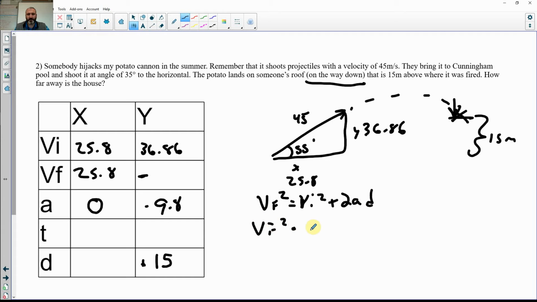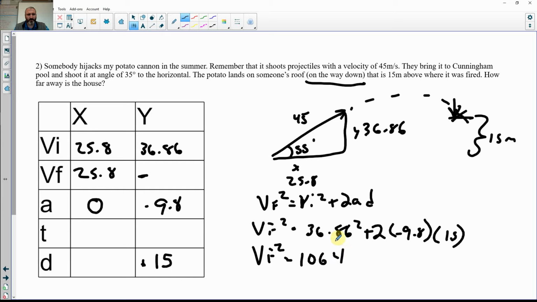VF squared equals 36.86 squared plus 2 times negative 9.8 times 15. So we should end up with VF squared equals 1064.65, but we're going to square root that because we don't want VF squared, we want VF.